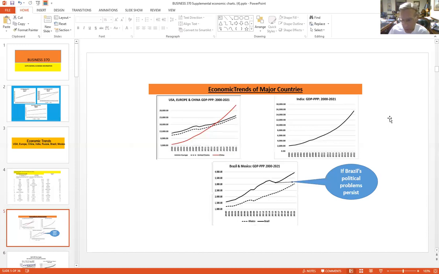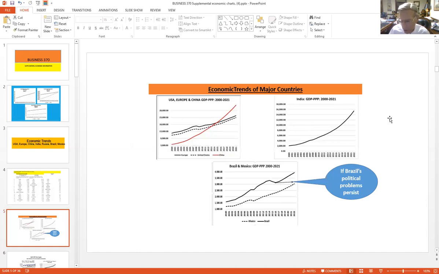His successor, a lady, was from the same political party, and eventually she lost her job, and the result is the current president, and again, lacking political approval.